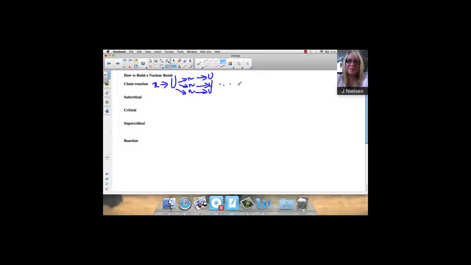Now, this chain reaction can only happen when you have enough mass. You have something that's called subcritical, and this is having less mass than what's needed to keep the chain reaction going.